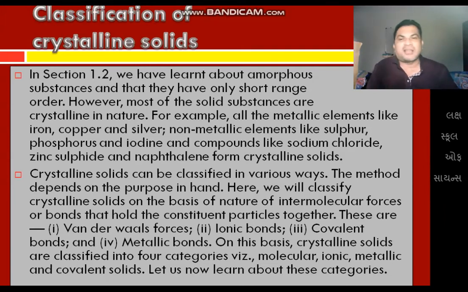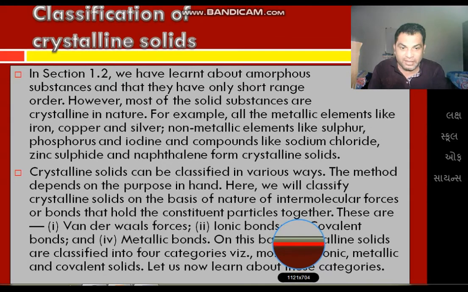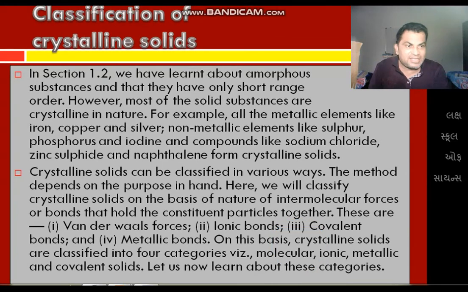However, many are crystalline in nature. For example, all the metallic elements like iron, copper and silver, non-metallic elements, and compounds like sodium chloride, zinc sulfate, and naphthalene are crystalline solids. So this is a wide range, and due to this wide range we think about how crystalline solids will move and in which way they will behave.